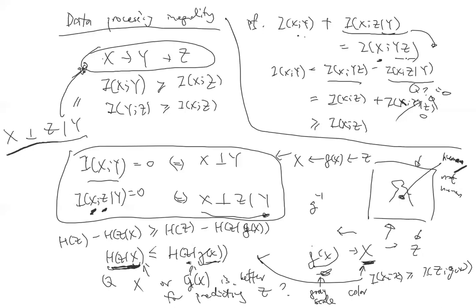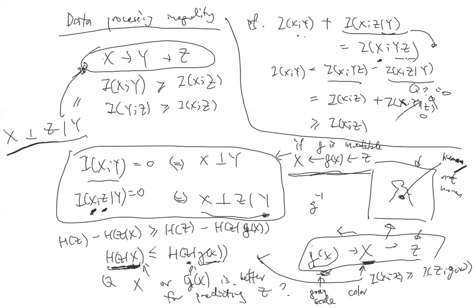You mean this one? Yeah, this is if G is invertible. So if G is invertible, I will also have this one. If not invertible, I will always have it. Then you need to be careful.